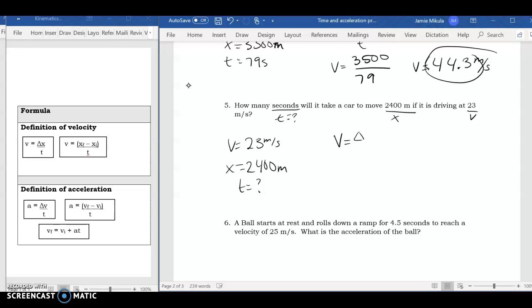V equals delta x over t. 23 equals 2,400 over t. Again, you can cross multiply. 23t equals 2,400. Divide by 23, and then t would equal 2,400 divided by 23, which is 104.